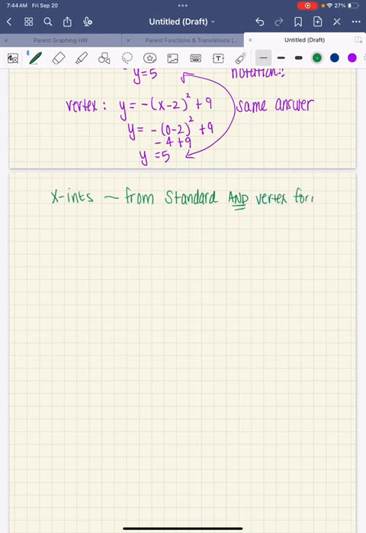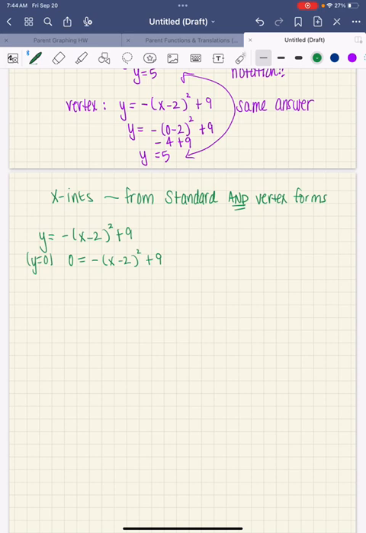Okay, so I'm going to start with vertex form. So the vertex form that we got was negative (x minus 2) squared plus 9. So if I want to find the x-intercepts forever, you're going to make y 0. So that's going to give me 0 equals negative (x minus 2) squared plus 9.